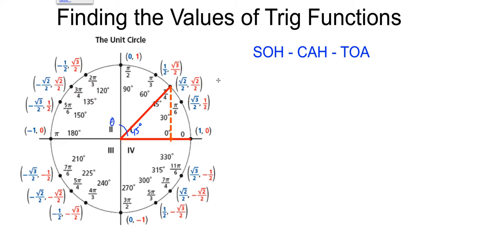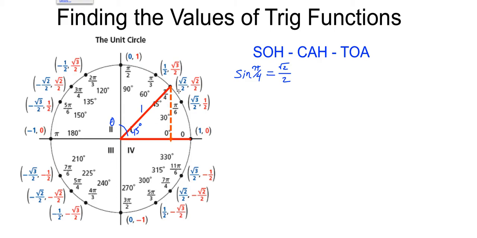So the sine of theta, in this case, the sine of pi over 4, 45 degrees, we're going to do it in radians. So the sine of pi over 4 is going to equal the opposite side over the hypotenuse. Now remember, in the unit circle, the hypotenuse is the same as the radius, and the radius is 1. So this side over here is going to have to be 1 divided by root 2, which when we rationalize becomes root 2 over 2.